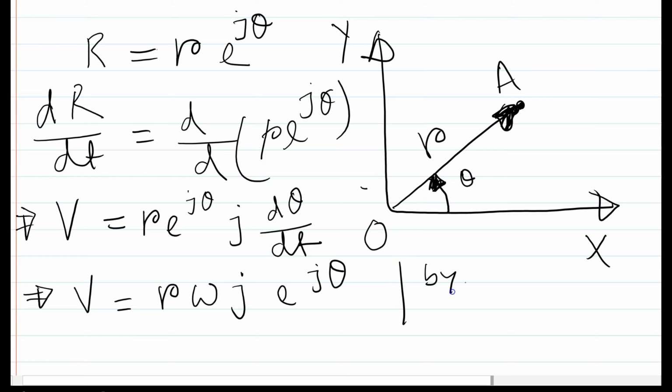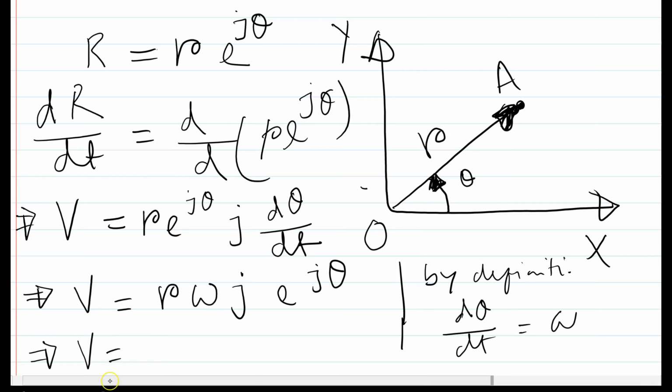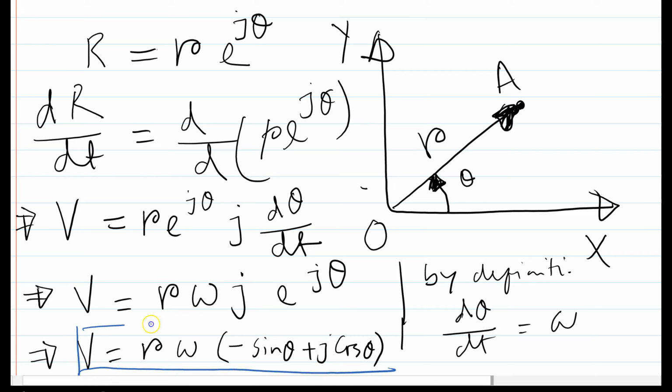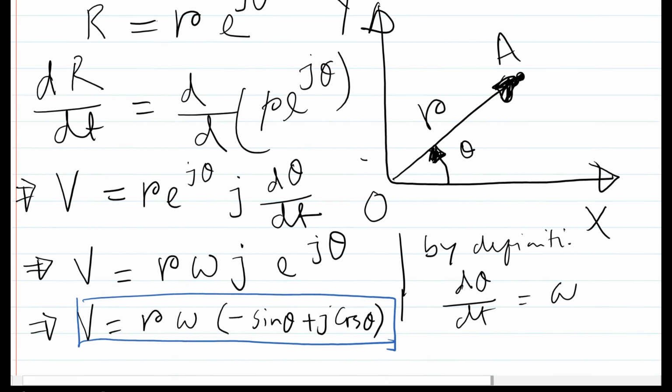By definition, we know that d theta by dt is omega. If we want to convert this polar form into Cartesian form using Euler's identity, we get this form.